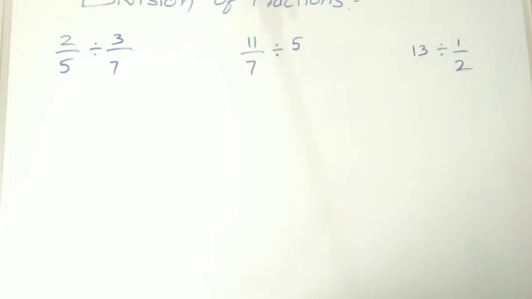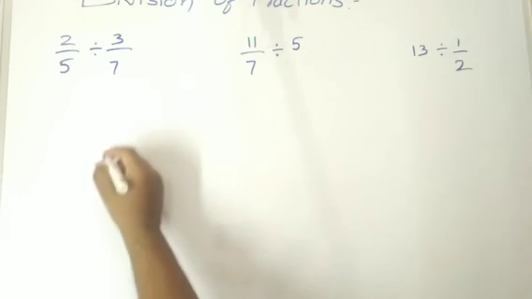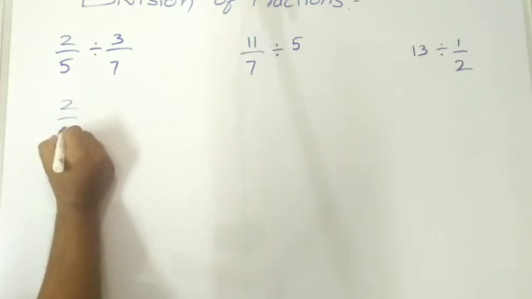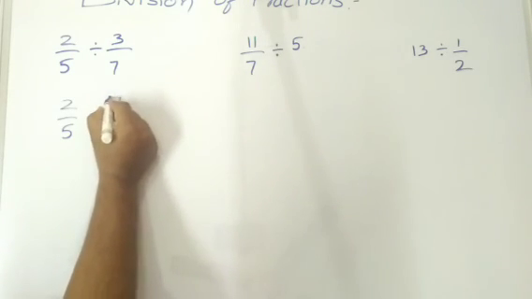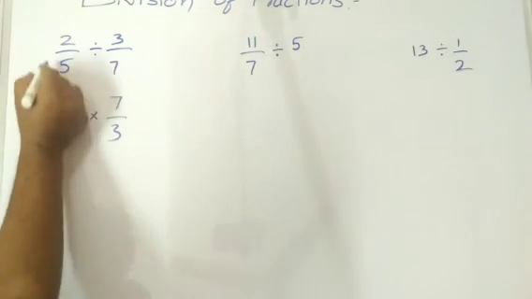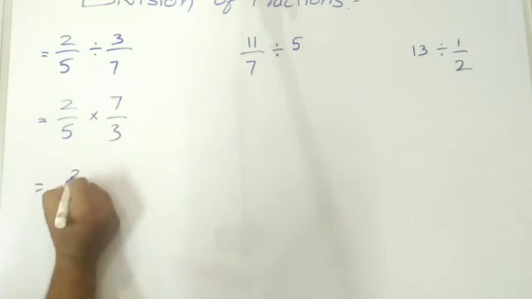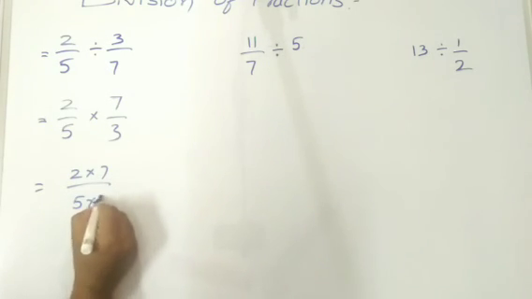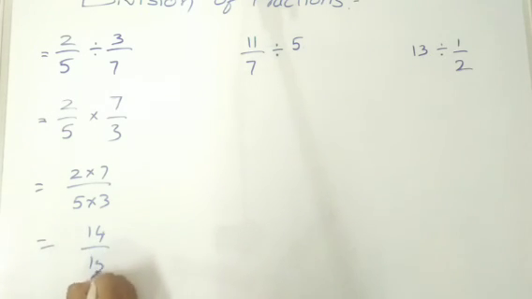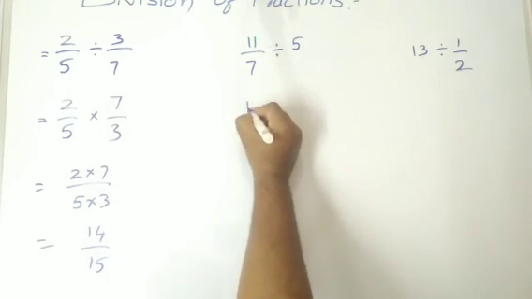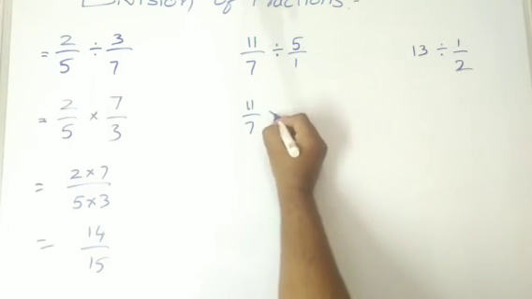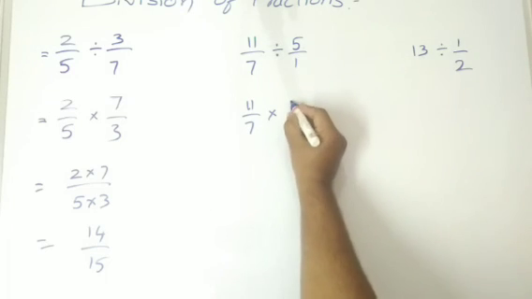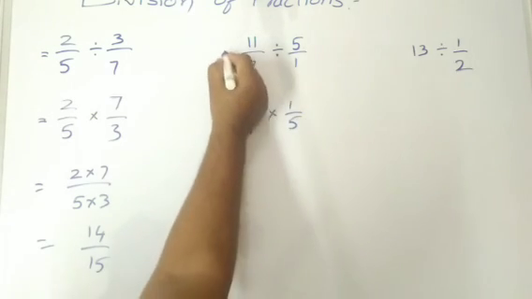The three principles, I taken the three examples different. Once you observe, so we'll do very fast. See 2 by 5. Instead of division, what? Into. This what we want to do? Reciprocal. Reciprocal means 7 by 3. So next what we want to do? Numerator only 2 into 7, denominator 5 into 3. It becomes 14 by 15. See here it's 11 by 7. So what we want to do? We want to make it 5 by 1. So division afterwards the symbol is into, and we want to write that one as a reciprocal.